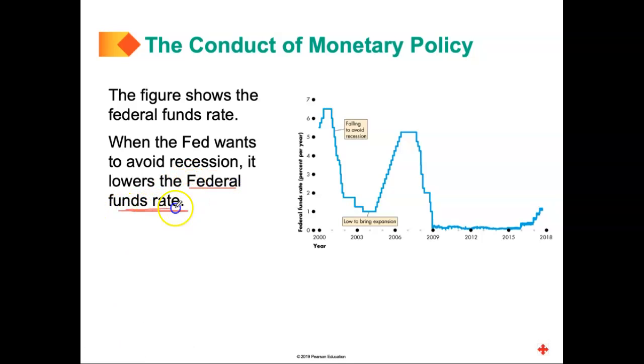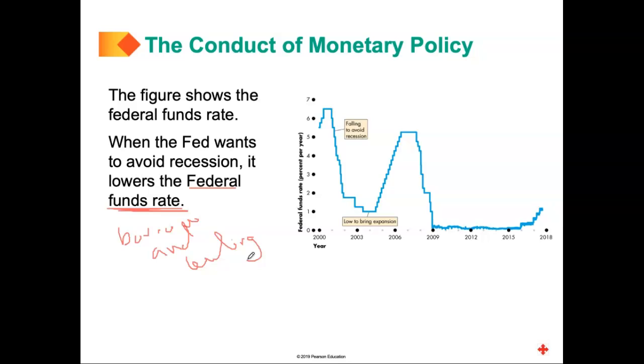The reason it lowers the federal funds rate is to encourage borrowing and lending. If banks borrow and lend from each other, it means that banks have more money, and banks, let me let you in on a little secret, are the institutions that create money in the country.